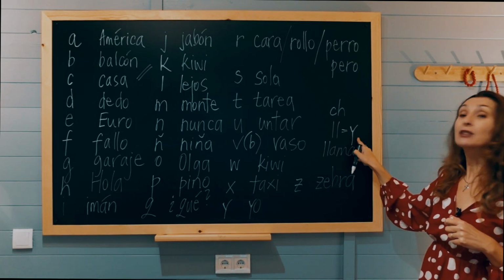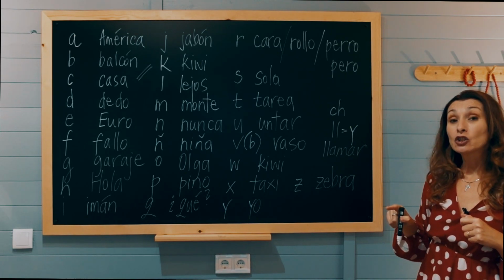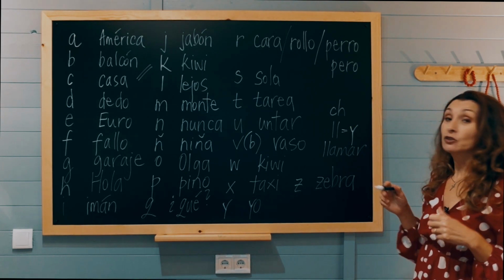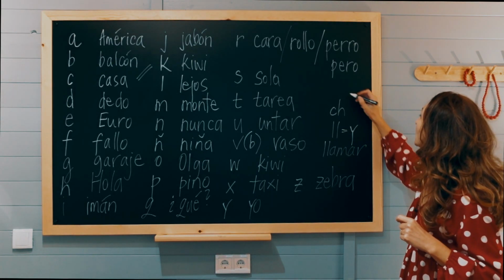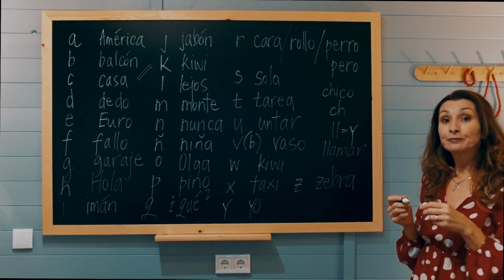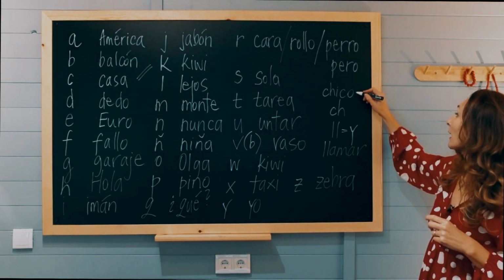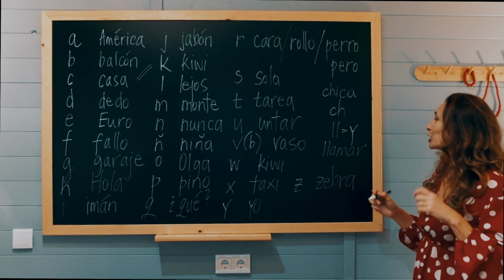You can pronounce it the same way you would pronounce a Y, and CH is a ch, as in chair or church. So in Spanish it would be chico, a boy, and chica, a little girl.